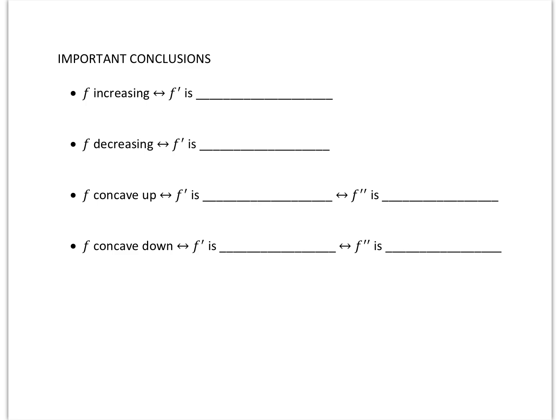Okay, so here are some super important conclusions from the pictures that we've looked at today. f is increasing implies f prime is positive, and vice versa. And f decreasing means f prime is negative. Then we can apply this same rule to f prime and f double prime.